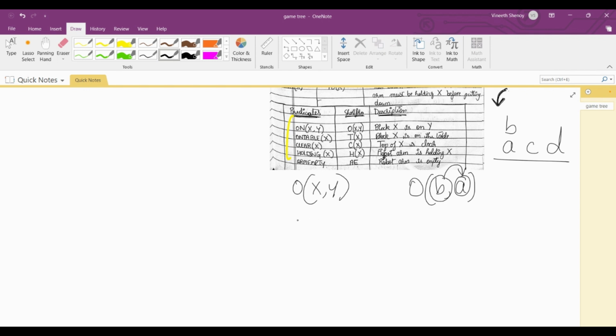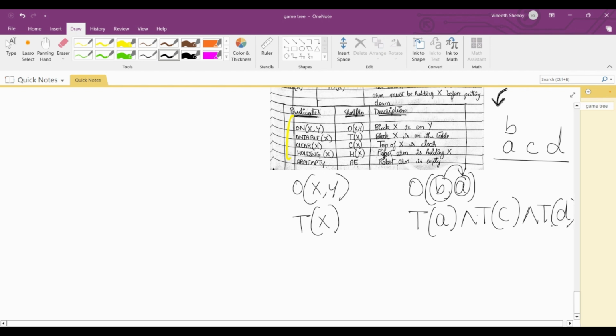Then we have T of x, which means on table, which means that block is over the table. In this example, the blocks on the table are T of A, T of C, and T of D. These are the three blocks which are on the table.